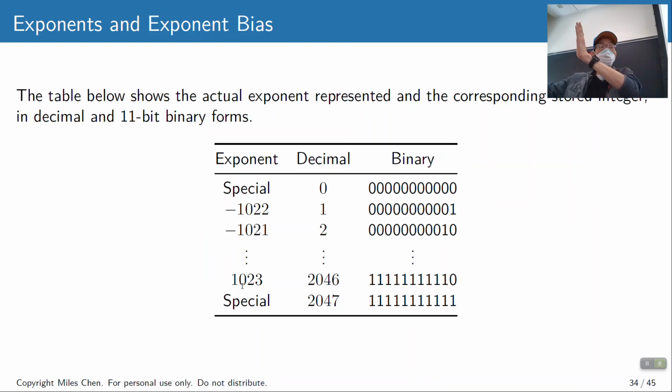Basically we can represent numbers from 1 through 2046, but we shift that down so that we can get some negative numbers and positive numbers. So that's what we're going to do here.